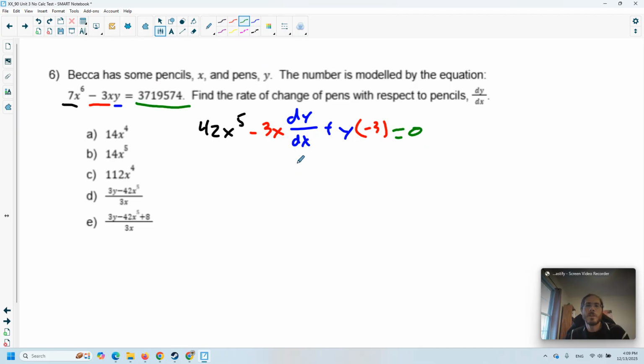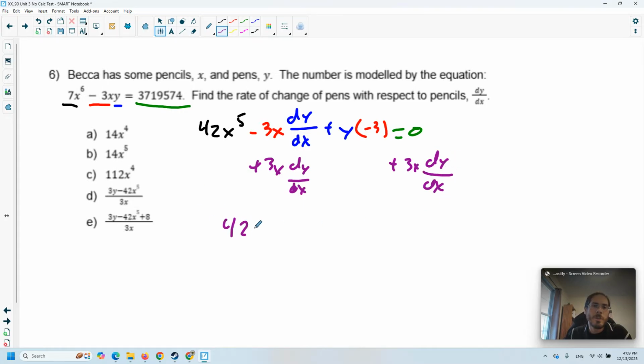All right. Next step, after we take all the derivatives, we need to get all the not dy dx's on one side, all the dy dx's on the other side. Probably going to be the easiest here to just move this dy dx over to the other side. So let's add 3x dy dx to both sides.